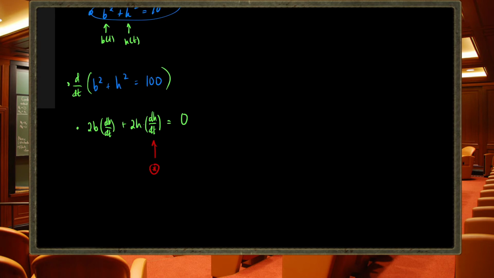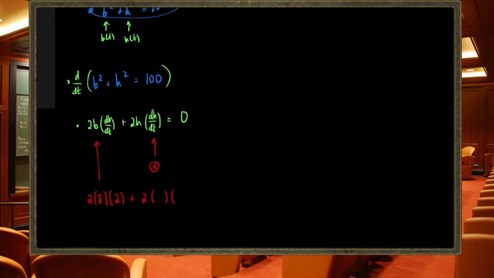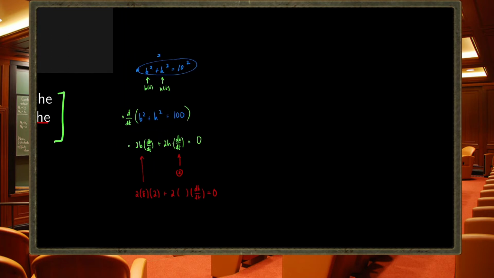It's in the equation. What else do we know? We know b at this point is a length of 8 feet. We know db/dt is 2. We know that we don't know what h is at this moment, but we can go find it. And we know we're after dh/dt. Why did I sound so confident that we can go find it?